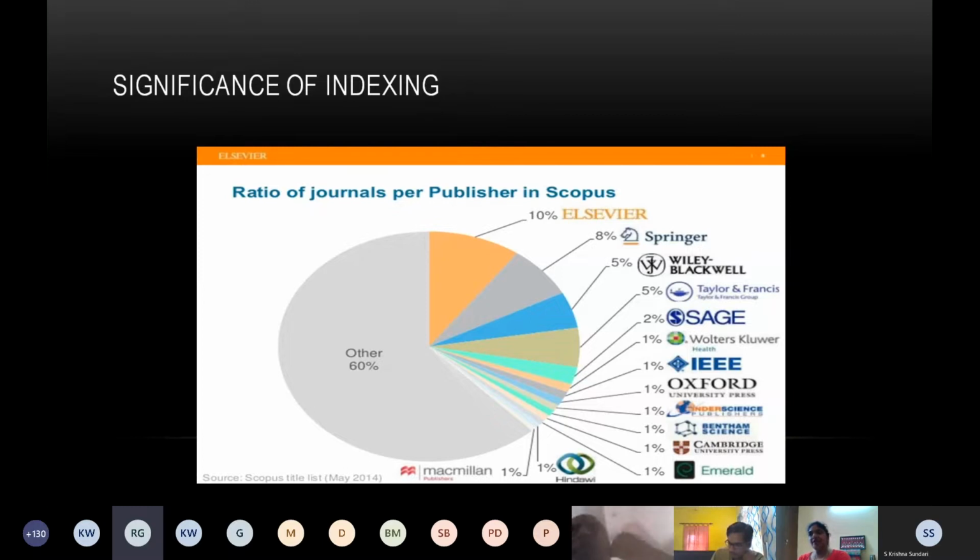If a journal is indexed by Scopus, you can fairly believe that it is an ethical and fair publication journal. So when you are starting your journey with publications, it's important to know who are the publishers that you could target for your publication.